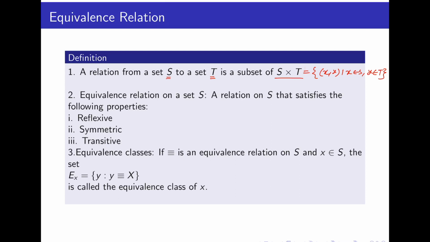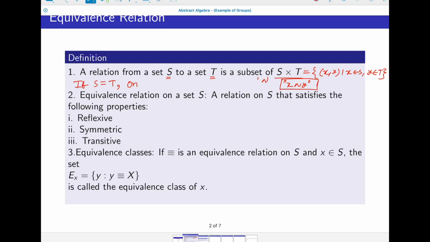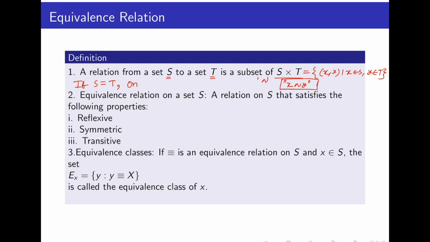And we will denote a relation by ~, then we will say that x is related to y. So this is the notation that we shall follow. Now in specific, if S equals T, then the relation is said to be on the set S.